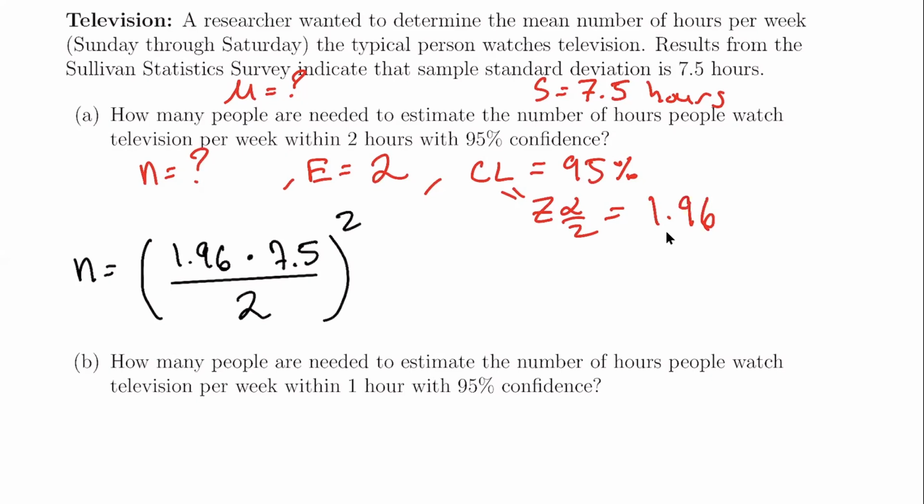Also try using your calculator to see if you get the same answer as me. So you get 1.96 multiplied by 7.5 divided by 2, and you square it. And that will give you 54.0225. You round that up to 55. And that's it for that last problem.